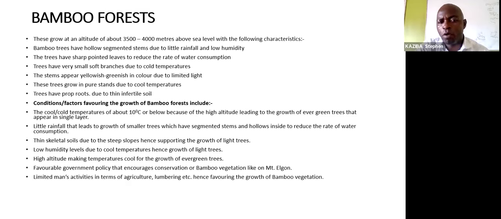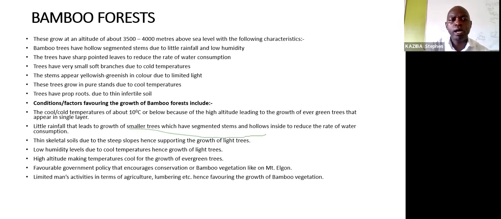Then the trees have prop roots, those roots which extend from the branches of the trees downwards. Then you give us the conditions for the growth of bamboo forests. Of course, cold temperatures, leading to the growth of trees that are evergreen, and little rainfall. At that height, rainfall received is very little. That's why the trees have smaller nodes.